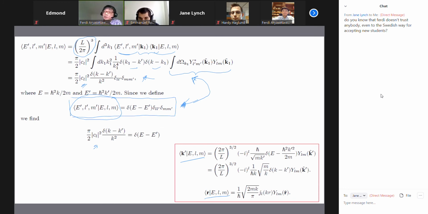But it is important to keep track of these constants because we are going to use these states as basis functions to calculate the scattering amplitude, to expand or decompose the scattering amplitude in terms of angular momentum.